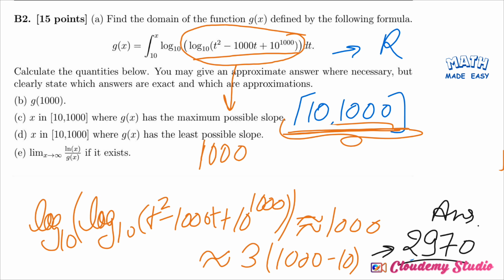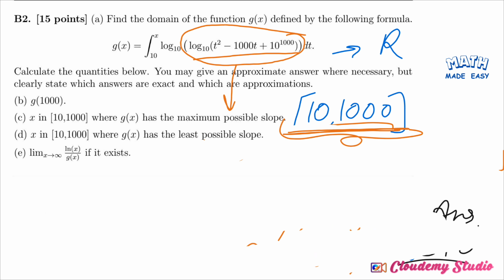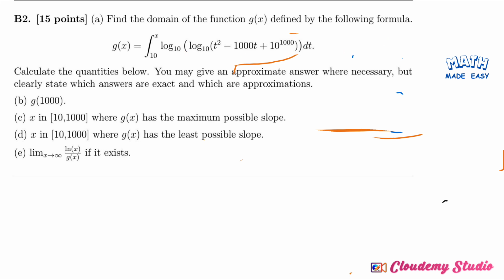Now next, the C and D parts, because in one part they are asking for the maximum possible slope of g of x, and in the D part the least possible slope. So C and D questions.